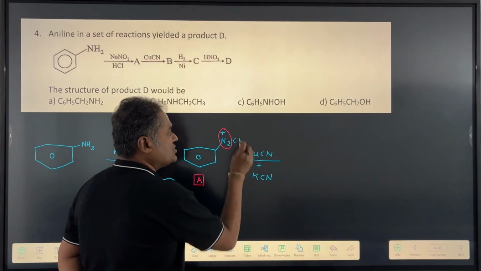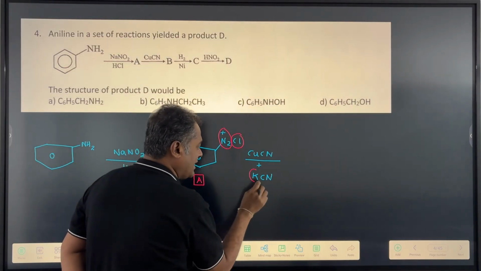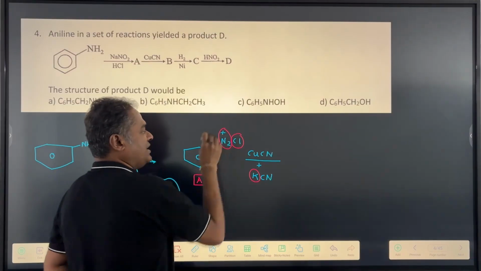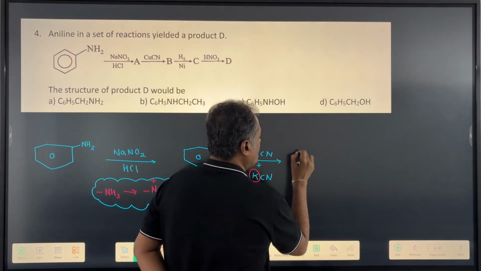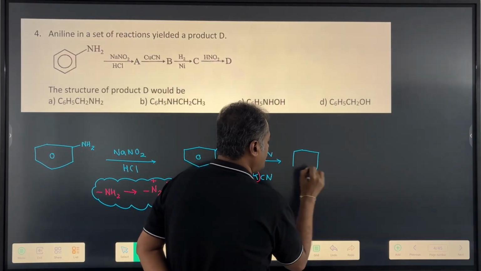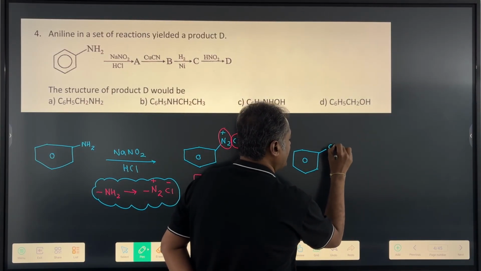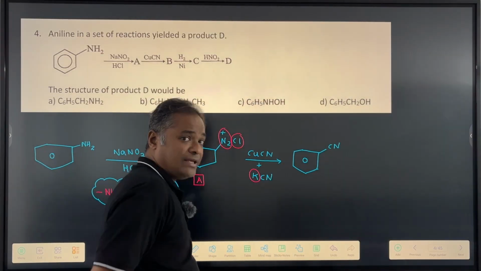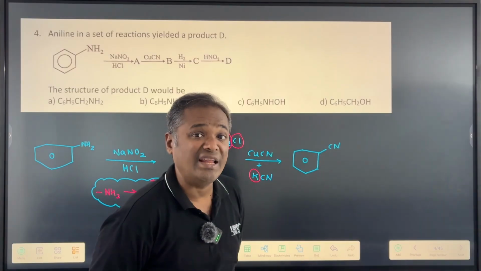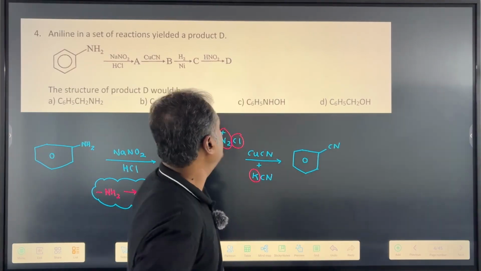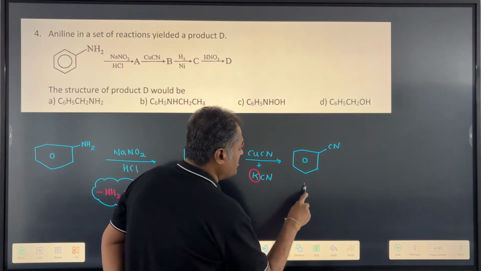So here K and Cl will get lost, and that CN will get attached to benzene. So what you are going to get is a cyanide group attached to benzene. Can I name it as cyanobenzene, or as phenyl cyanide? This is my compound B.